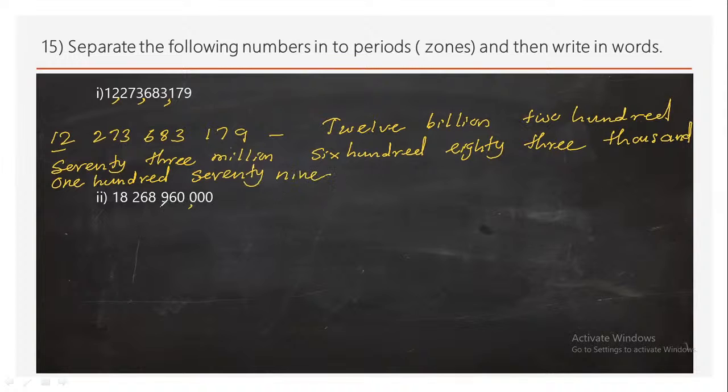Next question. Separate into zones. 18, 268, 960.